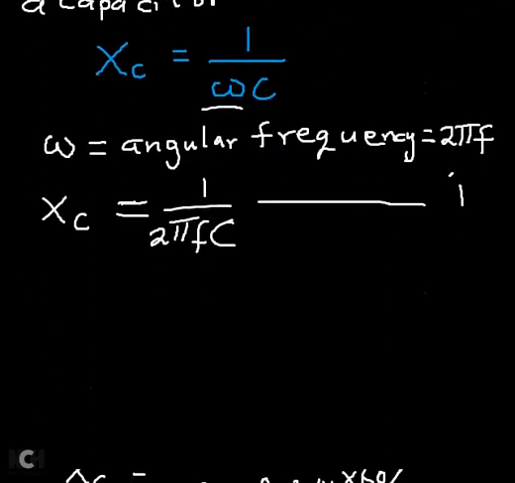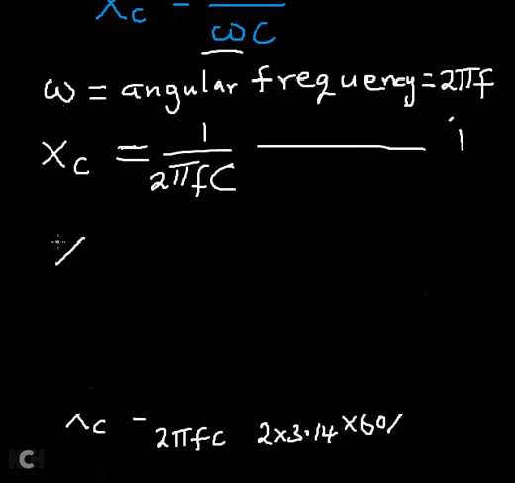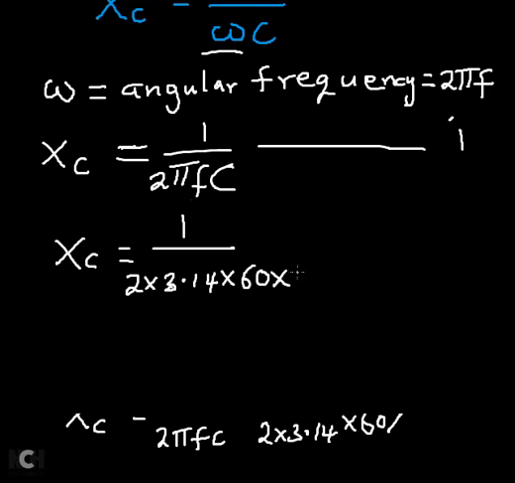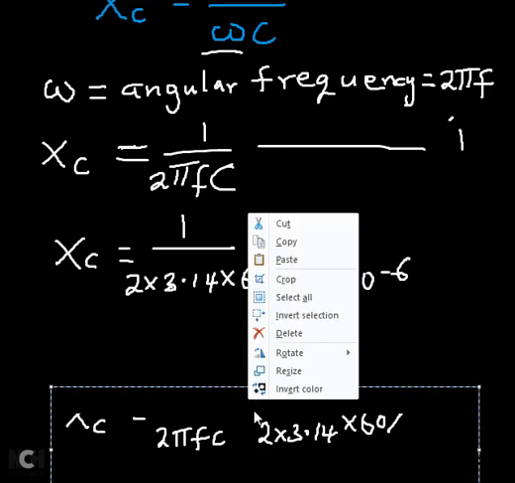So in that case, XC is going to be equal to 1 all over 2 times pi, where pi is 3.14, multiplied by the frequency, which is 60 hertz, times the capacitance, which is 2 times 10 raised to the power of minus 6.